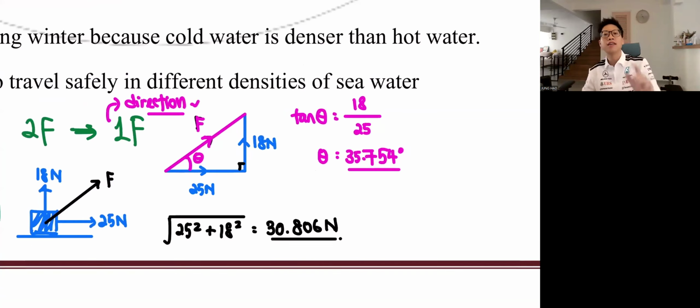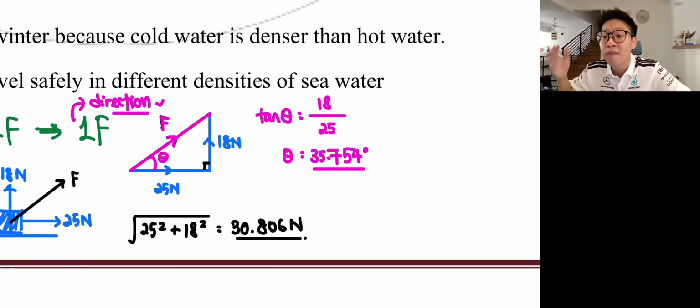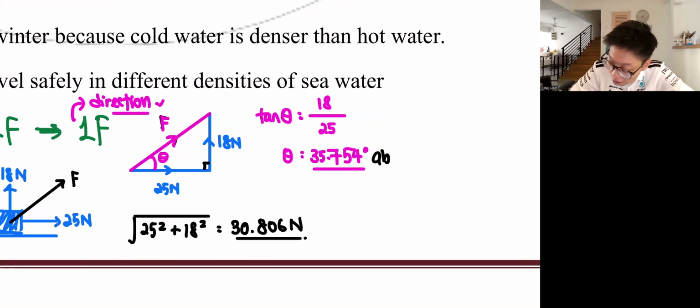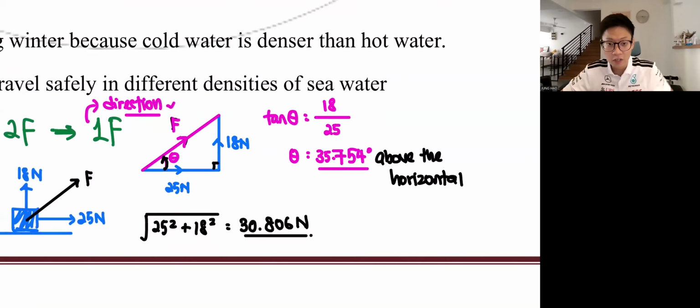But some teachers, even if you write this 35.754, will not give you the full marks, because they want you to also say that it is 35.754 above the horizontal. What is the meaning of above the horizontal? Because this is your horizontal, now it goes up above the horizontal, right?